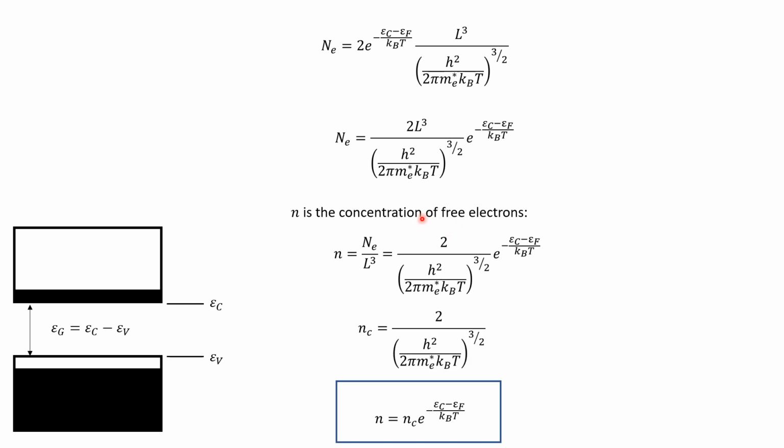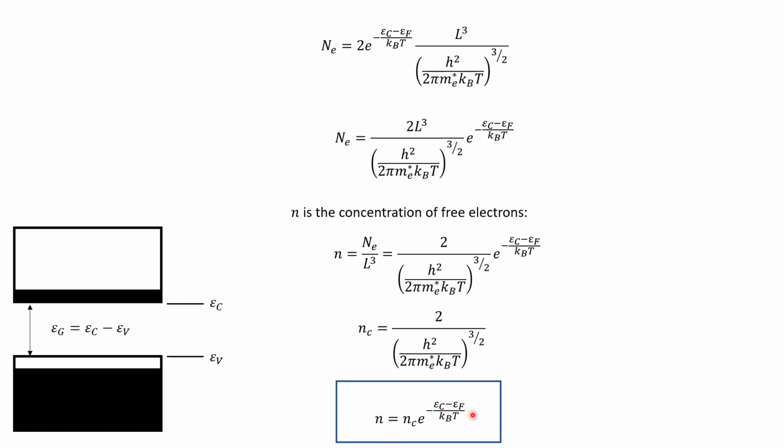Now we usually define a symbol like NC to represent this term. So using this definition for NC, the concentration is expressed like this. So this is a major result in the physics of semiconductor devices. We're going to use it a lot in this course. And I want you to notice the connection between the concentration and the Fermi level.